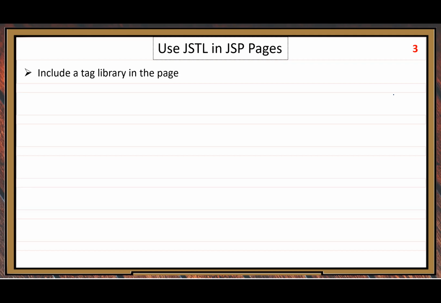How to include it? Use the taglib directive. In JSP, we know there are 3 directives, right? Page directive, include directive, and taglib directive. Here we use the 3rd one, taglib directive. So we can specify a tag library in this way.